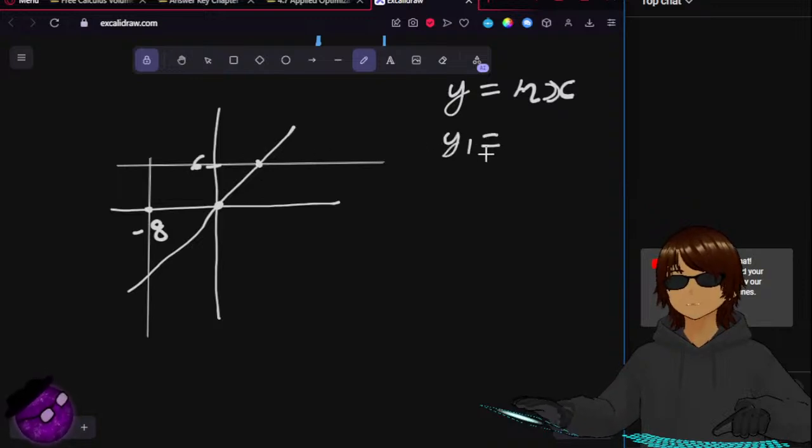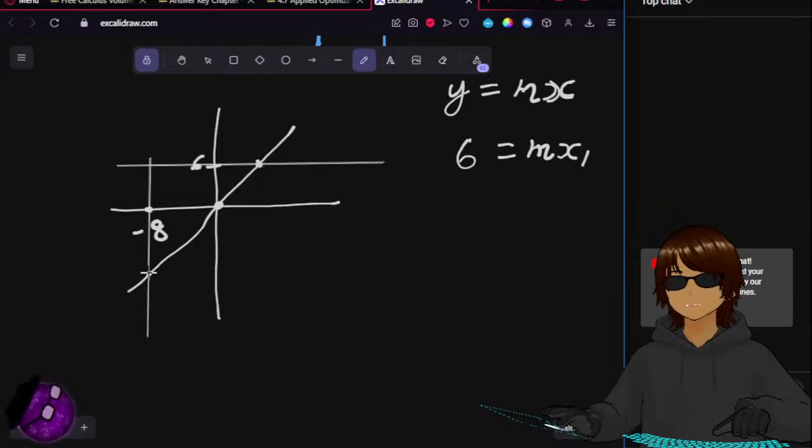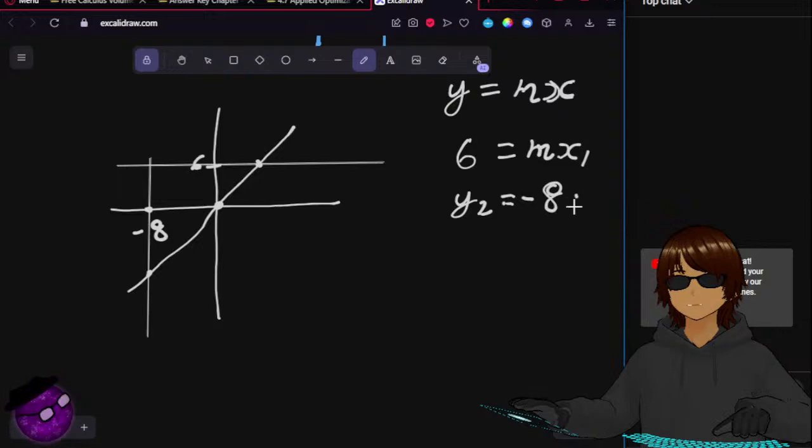So y1 would be 6m. Nope. Let's call this 6 is equal to mx1, and then this point y2 is equal to -8m.